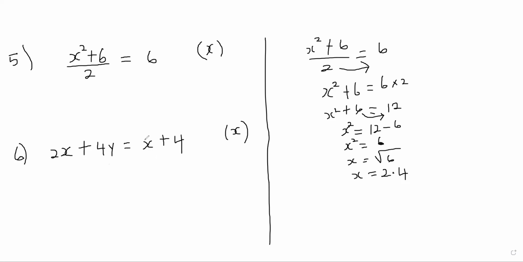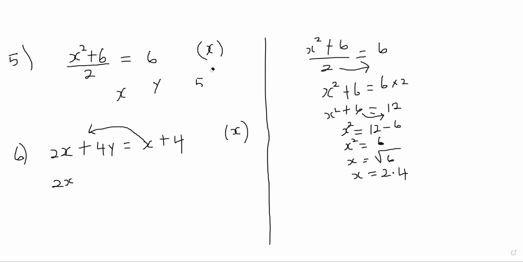So all we need to do is take over this x so that the 2x and the x will be together. This x that we're taking over is positive, because the sign in front of it is positive. When you have a number by itself, or y by itself, or x by itself, it means it's a positive one.